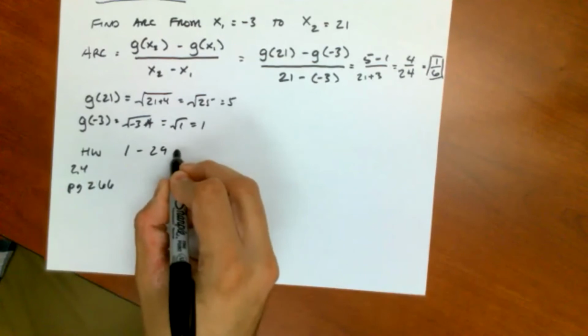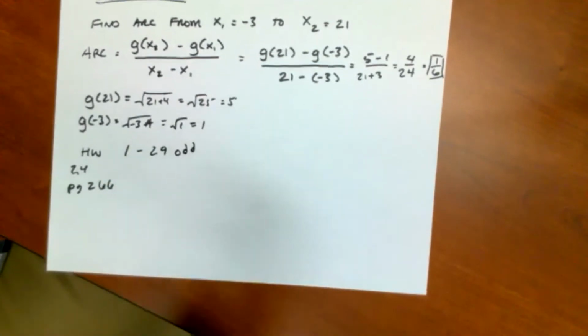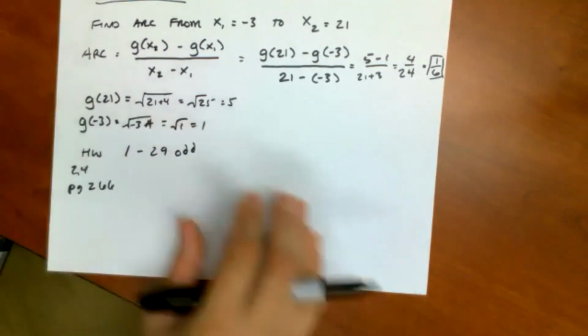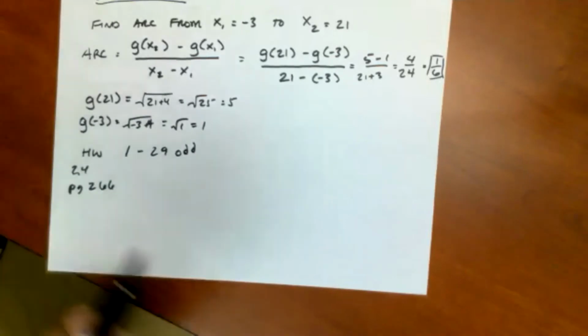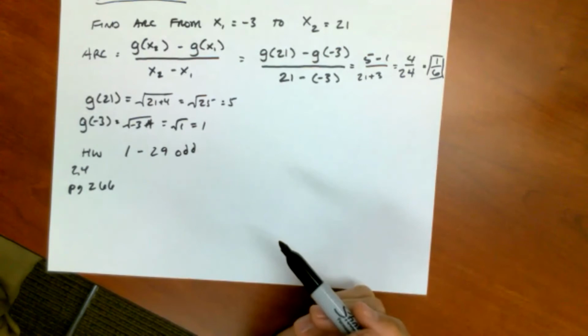So not that much, but they take a little bit of time. So 1 through 29 odd. If you feel like you need to do more, do the evens. And I don't mind going over any questions on the evens. But I want to go back now. So that's homework 2.4, page 266, 1 through 29 odd.